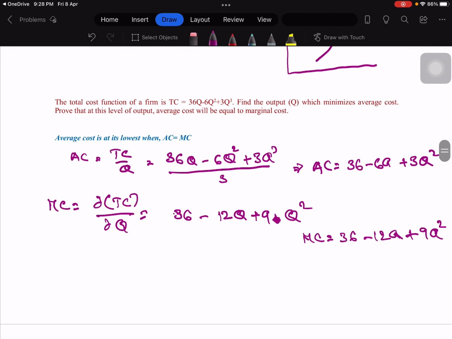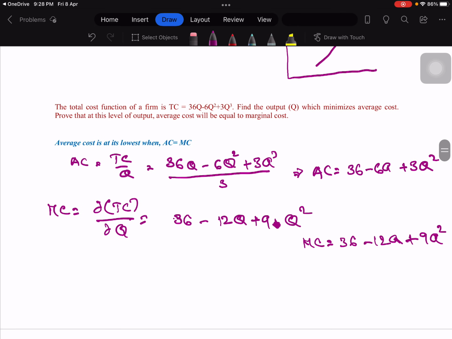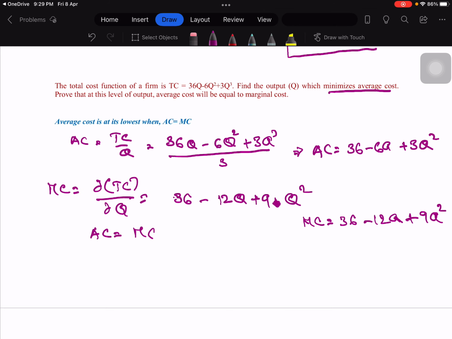So if this is the marginal cost and that is the average cost, they should be equal at that point. How do you get the minimizing point? At AC equal to MC, at which point both of them are equal, the cost will be minimum. So let's equate them.